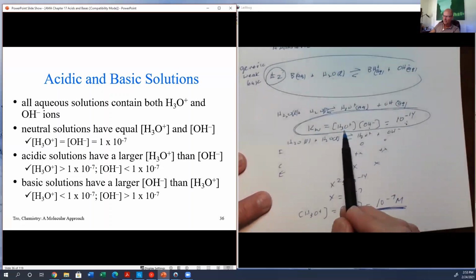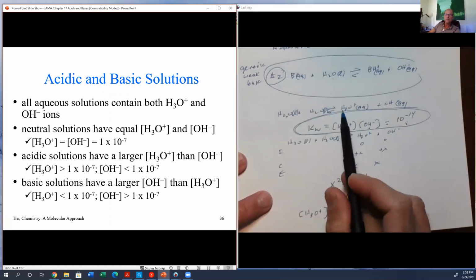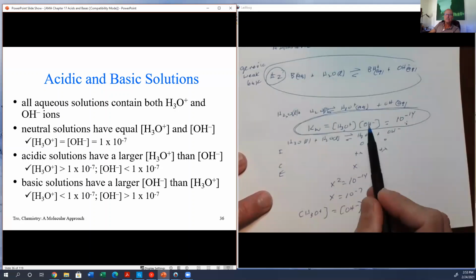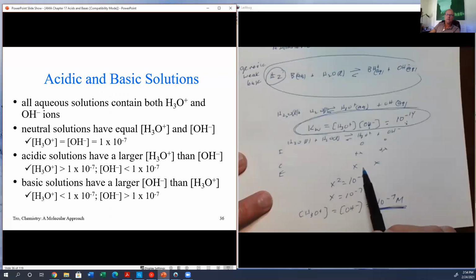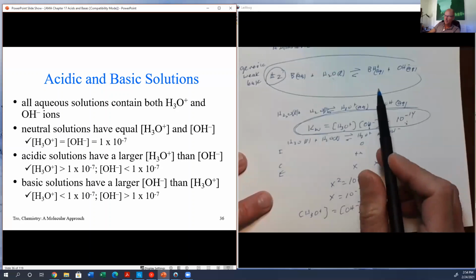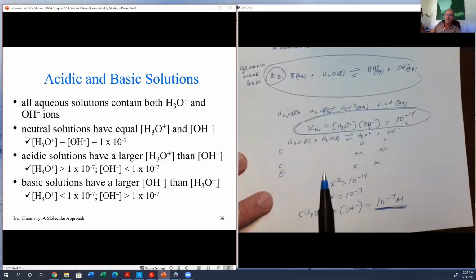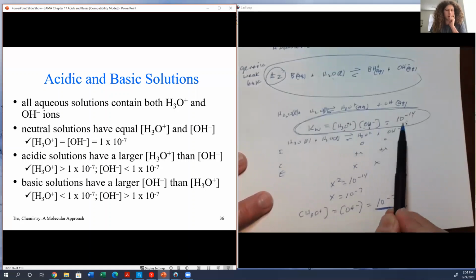If I add acid, like HCl, to a solution, H3O+ goes up. What must happen to OH-? It goes down. Or vice versa. If I add base to a solution, OH- goes up, and H3O+ goes down. But this product will always be 10 to the minus 14.